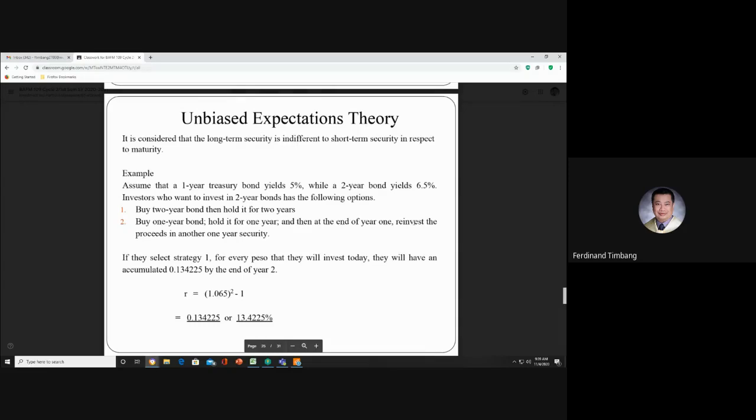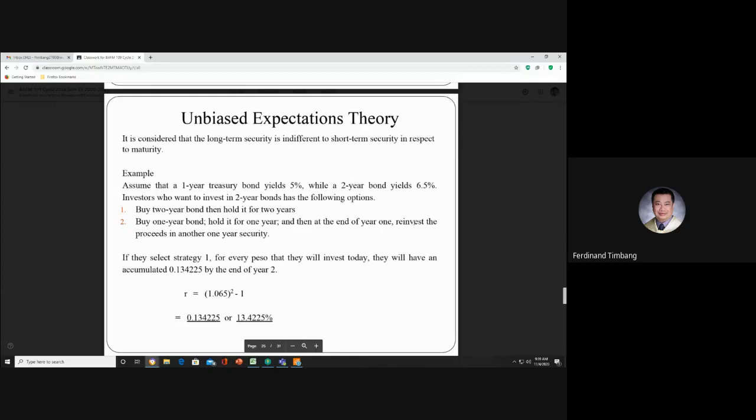So investors who want to invest in 2-year bonds have the following options. Buy a 2-year bond, then hold it for 2 years. Tapos buy a 1-year bond, hold it for 1 year, and then at the end of year 1, reinvest the proceeds in another 1-year security. So, 2 beses nag-invest, di ba?